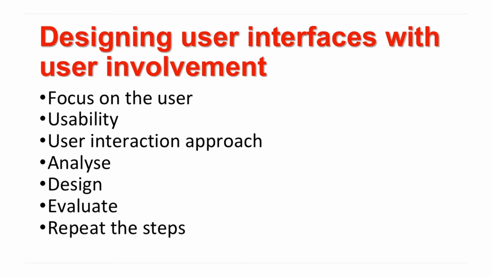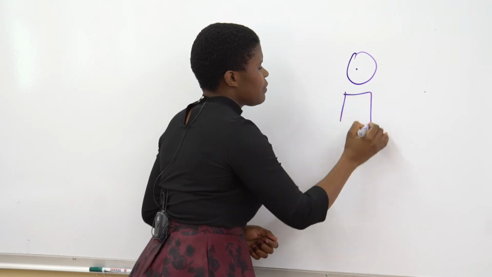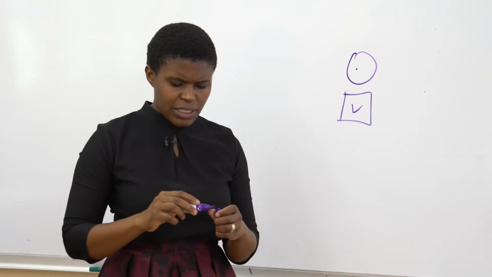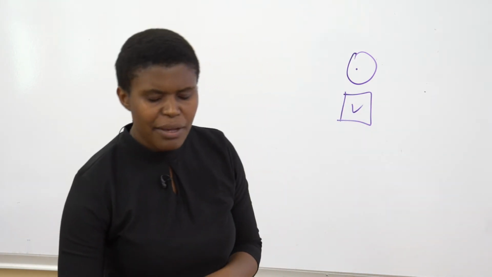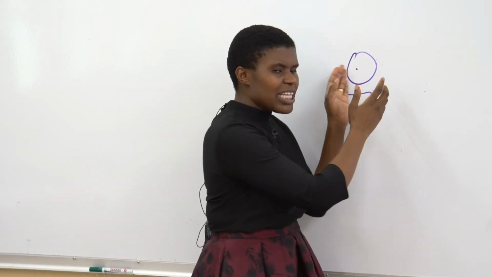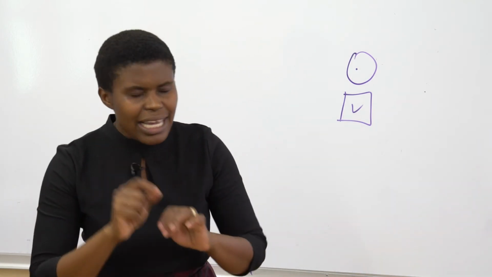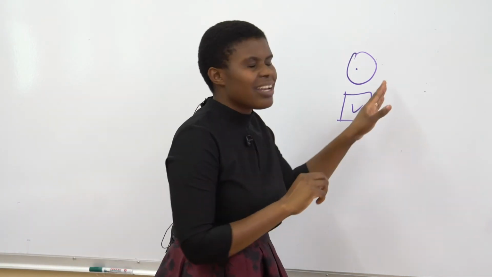Okay, I'm an analyst, I understand all the processes. This one is an end user, who does not even understand, for example, a radio button. The user finds out you've used a radio button, you've used a checkbox. So when you involve the user, you'll be able to differentiate that the reason you have used a radio button is because most of your users, or most of the students, usually tick many things that are unnecessary.